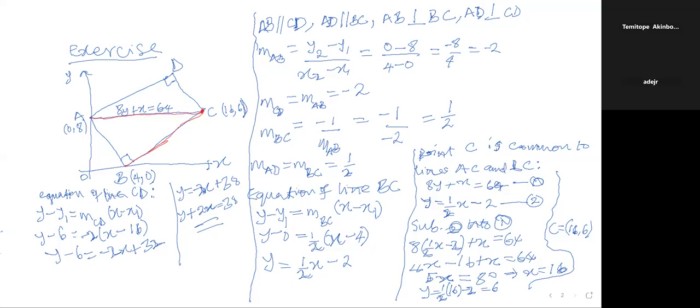Okay, so I'm done. Yeah, proceed and solve the simultaneous equation.